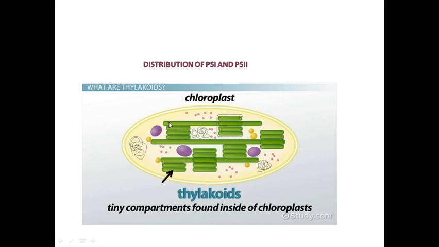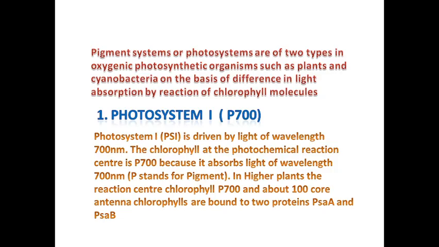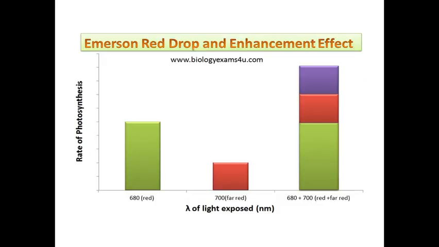Let me recapitulate a bit. We studied Emerson's red drop experiment, in which we found that when Emerson gave red light, there was a slight increase in the rate of photosynthesis. But when he increased the wavelength of the light, beyond about 680 for red light, it showed a drop in the rate of photosynthesis or quantum yield.